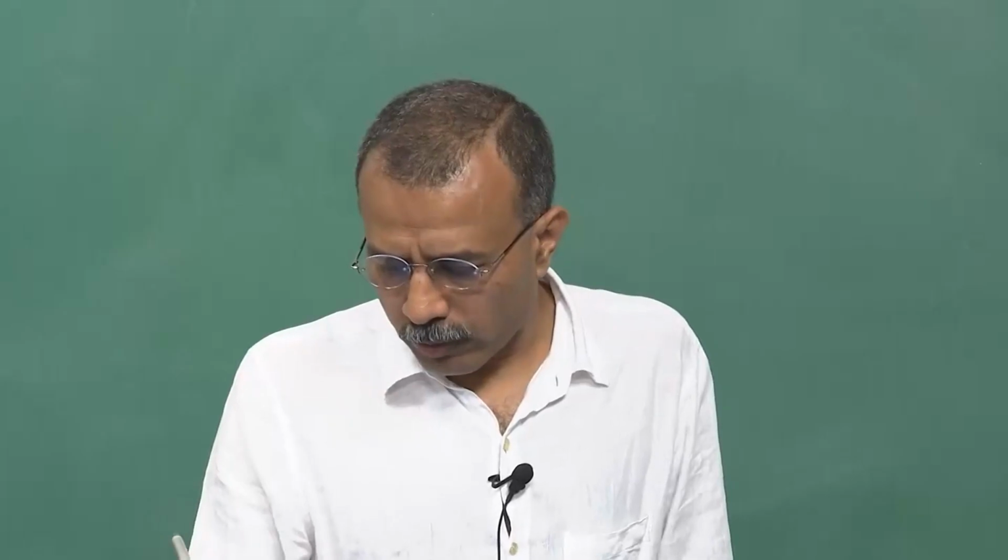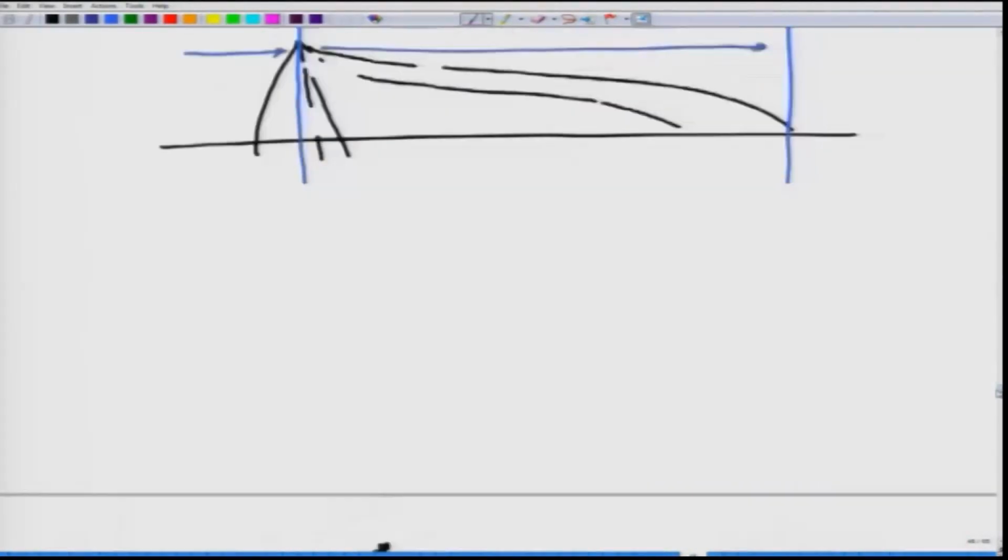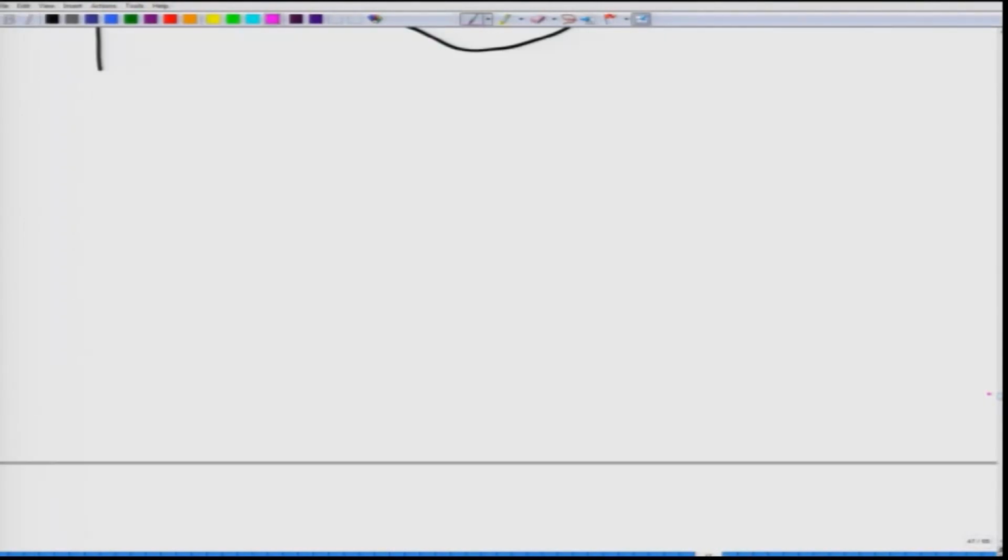Now, if you talk about the manganese cluster, this is one beautiful situation where if you look at the cluster, the way it looks like, it is something like a manganese. Let me just give you a bit of overview.